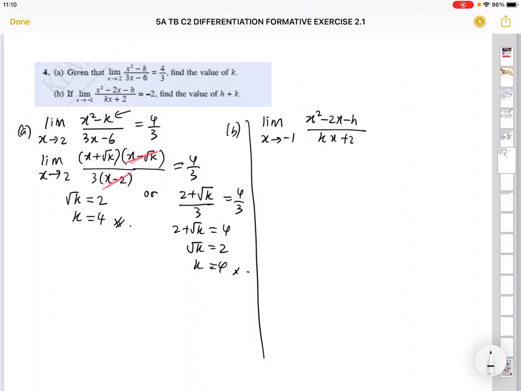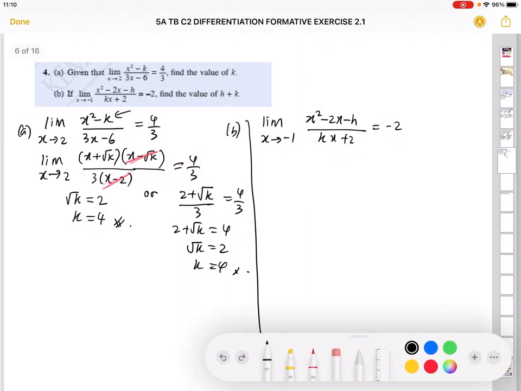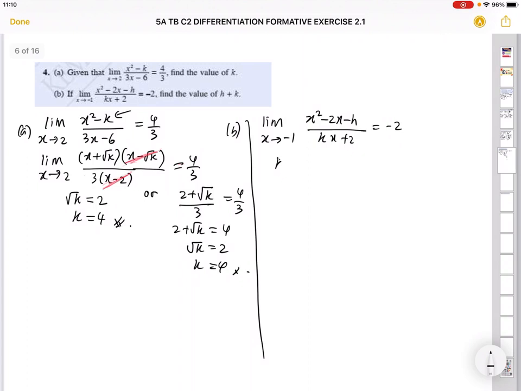So I know that if I put -1 inside your x, I should get 0, because only then you will get 0 over 0 indeterminate form. So what I'm going to do is I take my denominator, I sub -1 inside, plus 2, I let it be 0. So negative k plus 2 is 0, k is just 2.